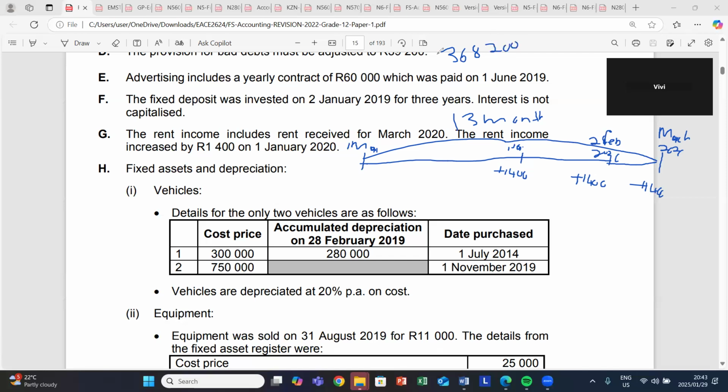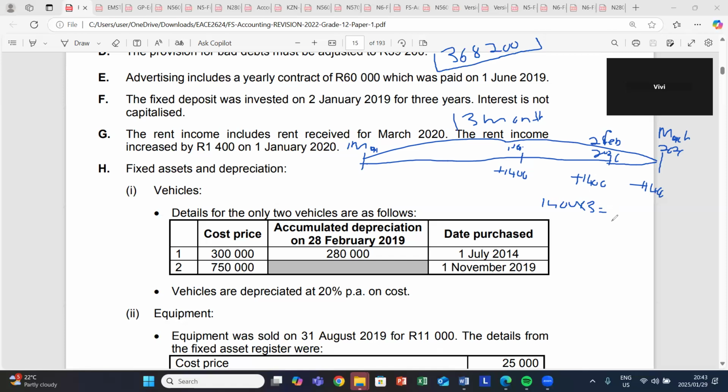So that is the rent income that they recorded in our trial balance. Secondly, I think we're gonna minus the 1,400 times 3. Okay, maybe start by 1,400 multiplied by 3, so that we get how much those 3 1,400s are.